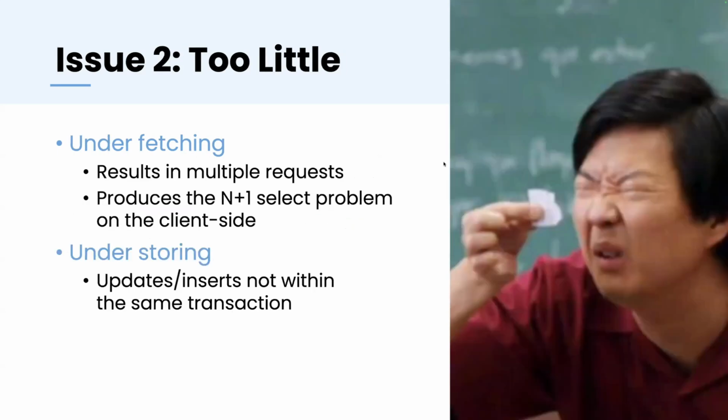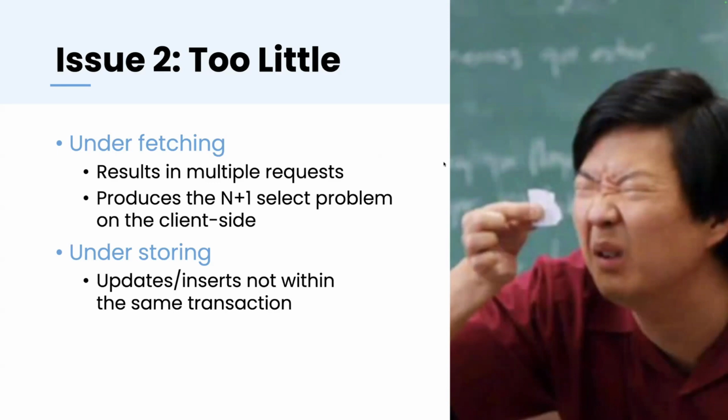And the second issue that we also may have, I call it too little. So what we also can have is something called underfetching. That means not only the N+1 select problem that we have on the server side, we could also have it on the client side.